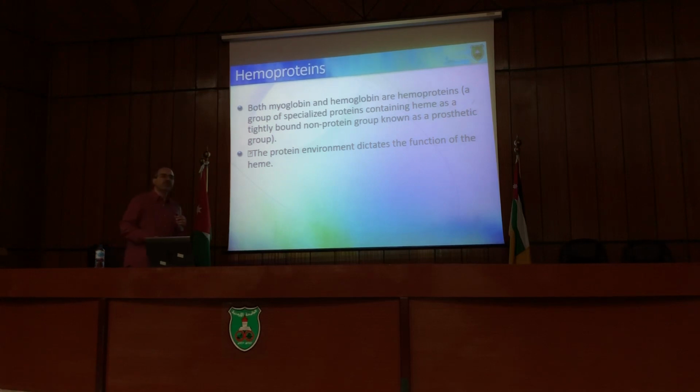So the definition of a prosthetic group is, it is a non-protein, organic molecule that is covalently bound to proteins. Okay? So such proteins are known also as holoproteins. Remember the definition of holoproteins? Proteins that have non-protein groups attached to them. Without the heme, they're known as apoproteins. And heme is a prosthetic group.